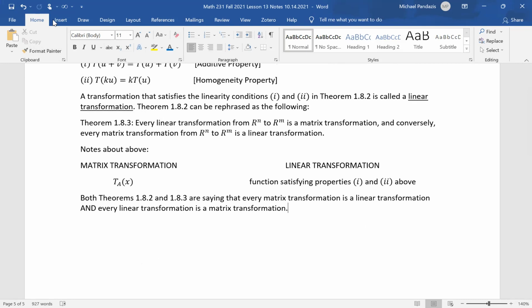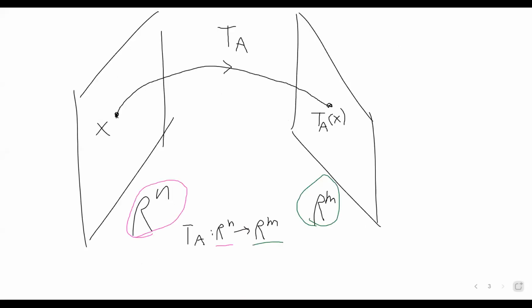Okay, I'm just going to illustrate something. When you have a transformation from Rn to Rm, you could depict it in two ways. There are two different viewpoints of the same thing. You could say I have elements in Rn, and I'm mapping them to elements in Rm, but I could think of them as vectors in Rn.